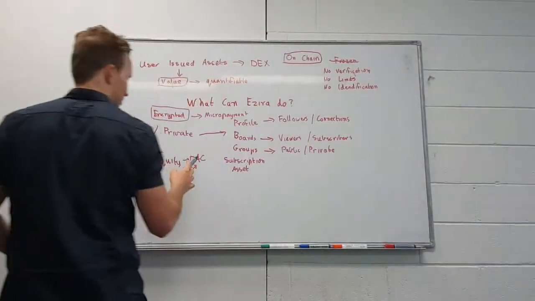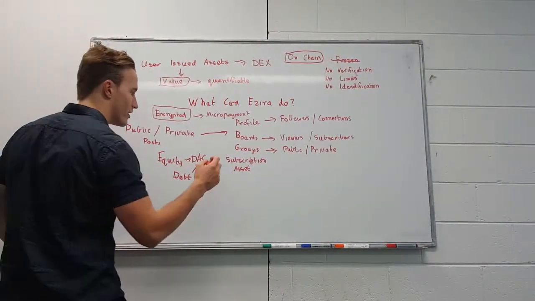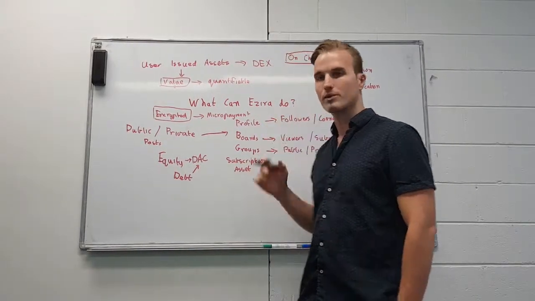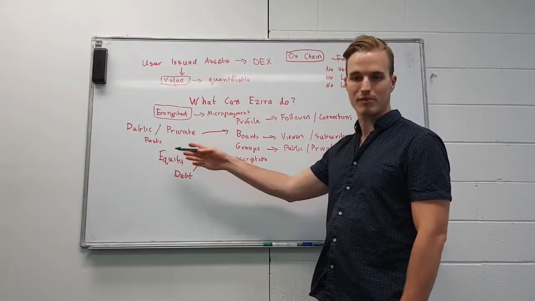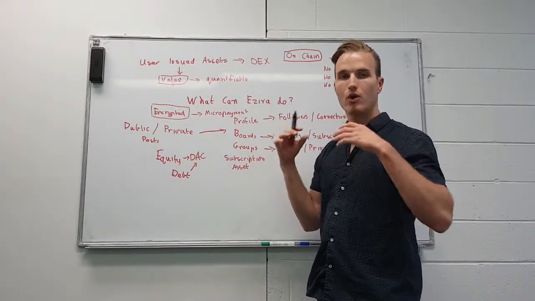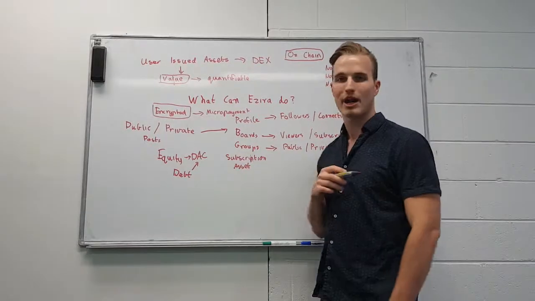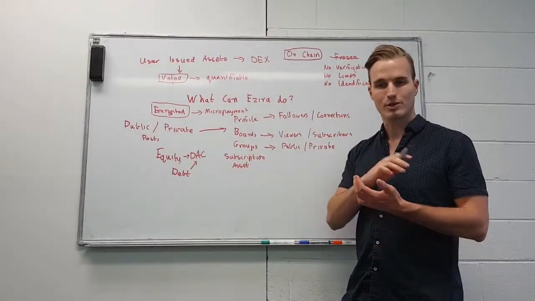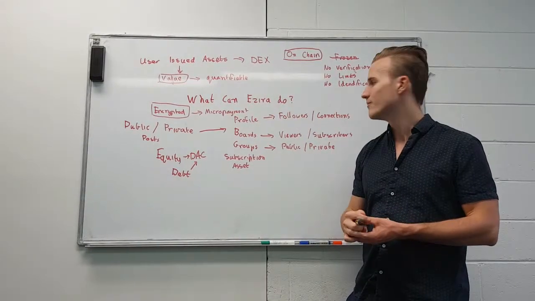These decentralized autonomous corporations can use their equity asset and their debt asset to represent the ownership of their business, and use this equity asset to enable the holders to vote in the decisions made by the autonomous corporation, and the debt to represent a loan made to the corporation.